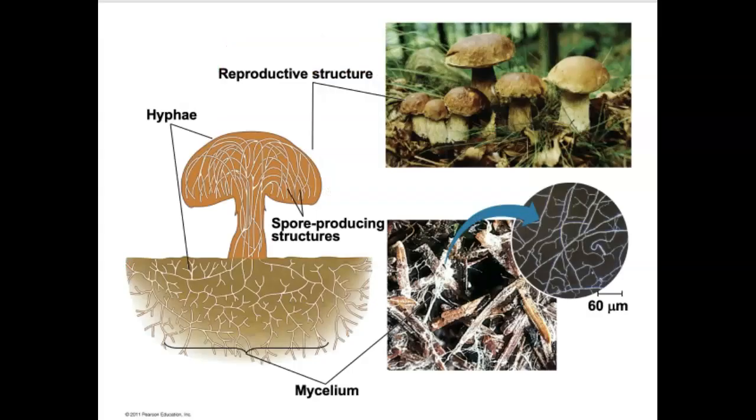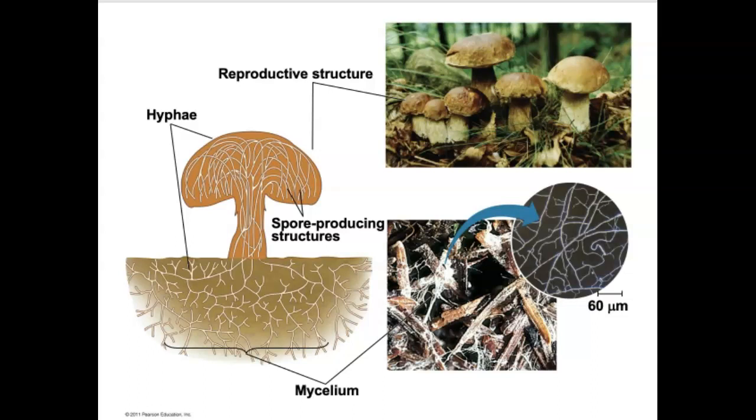All right, other things to mention here. When you get that fungus growing and it's saying, okay, time for reproduction, then it pops up and produces these little things we call the fruiting bodies, the spore-producing structures.